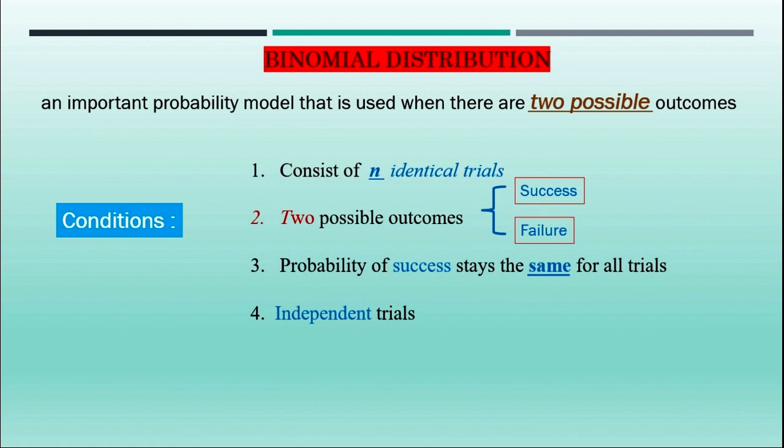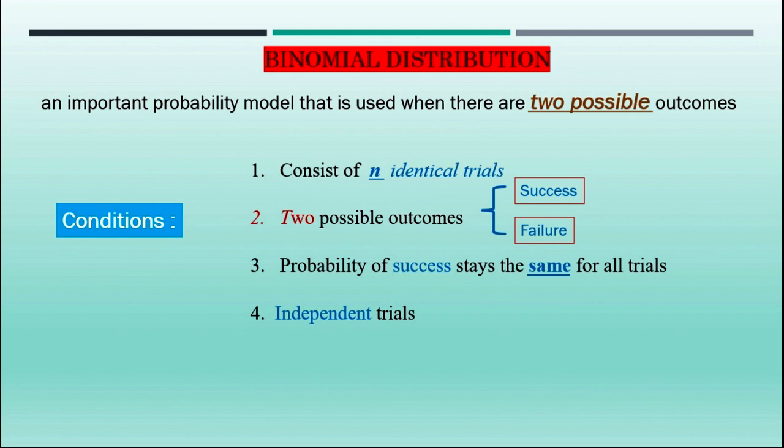For example, tossing a coin can only have two outcomes, a head or a tail. You toss many times, the probability of a head stays the same, and they will not influence each other, and they are independent. Another example, graduation. There are only two outcomes, graduate or not graduate.